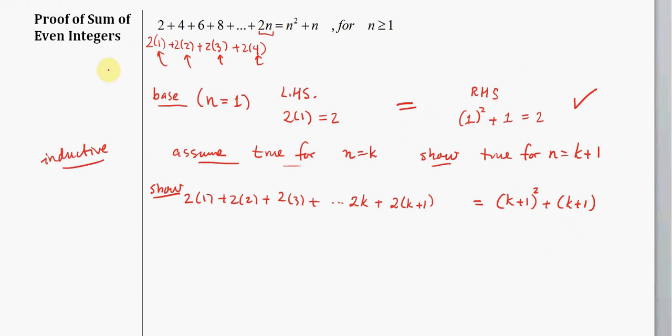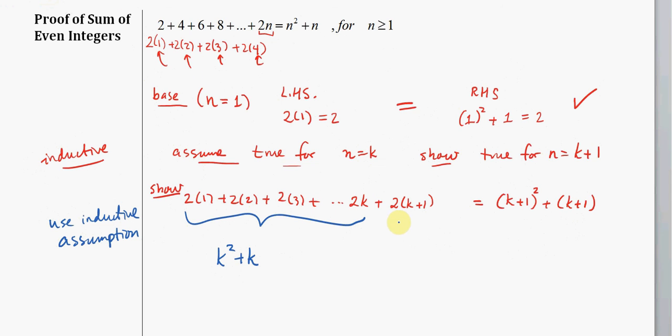And to show this, remember, we are always relying on the inductive assumption, which says that this statement must be true for everything up to k. So if this statement is true for every statement up to k, then all of this here should be equal to k squared plus k.